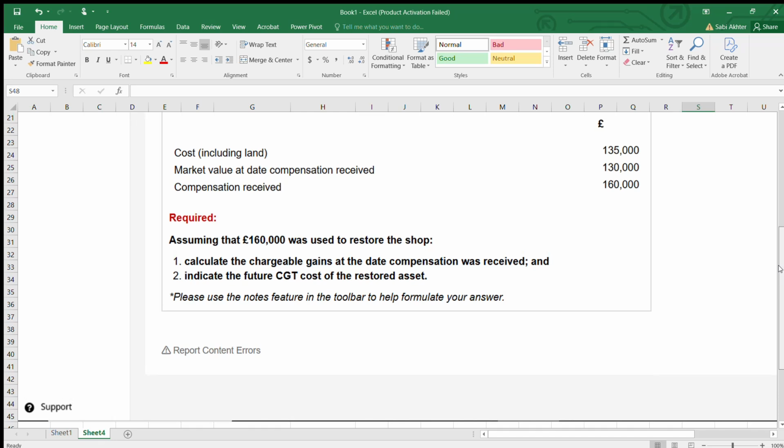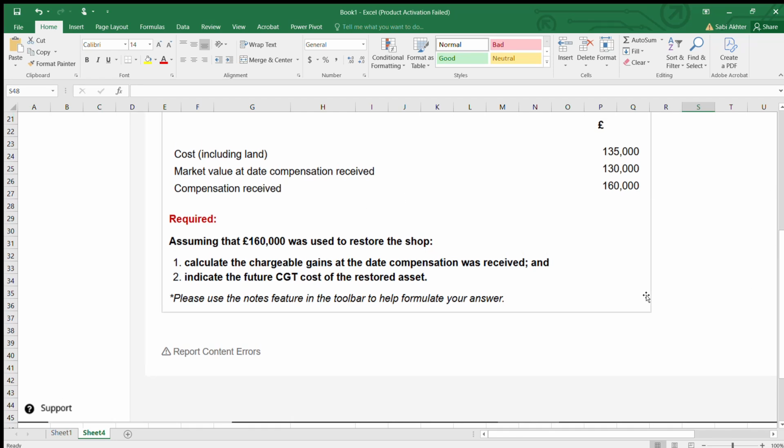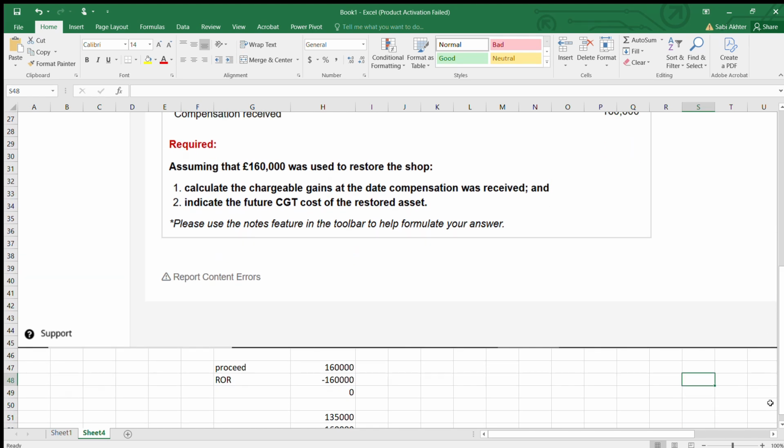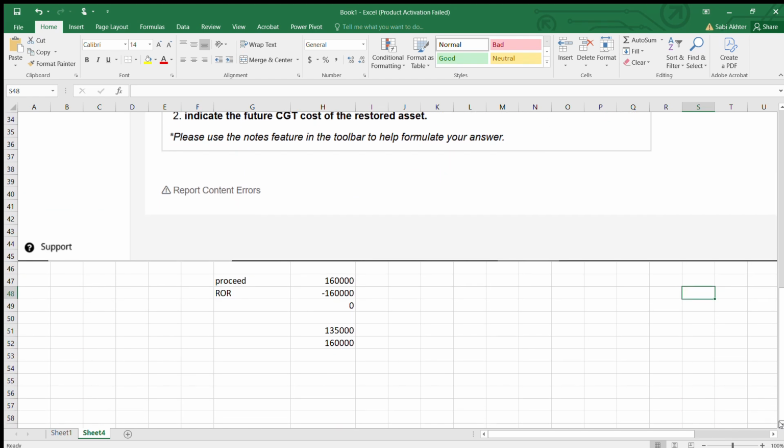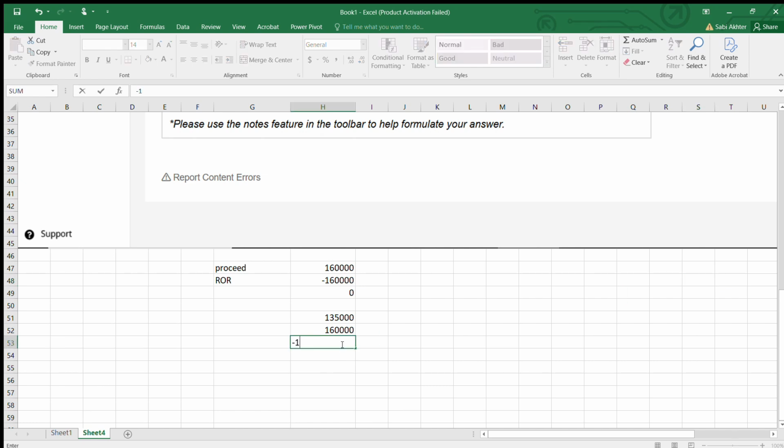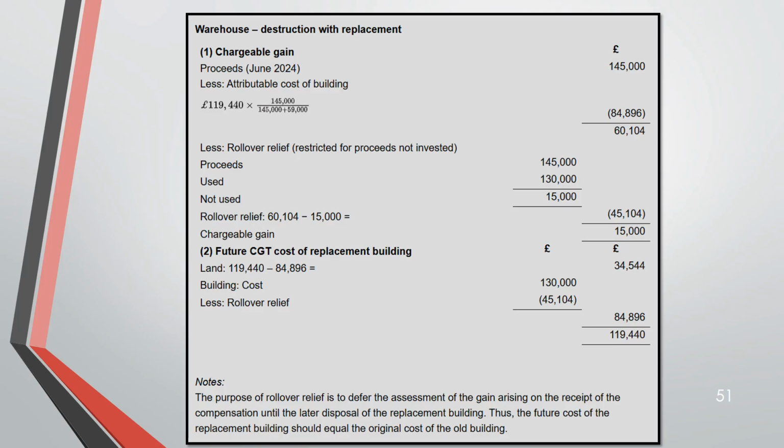This 160 is this 160 compensation received. So from here we are going to deduct the rollover relief. So at the end the cost would be what? 135,000 only. This would be your cost. So this is the answer for activity 7, where we have got the base cost of the replacement asset as the actual cost of the old asset.